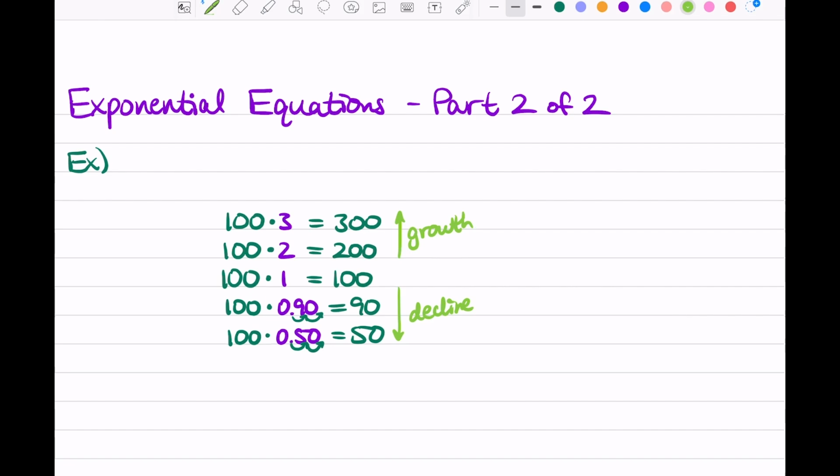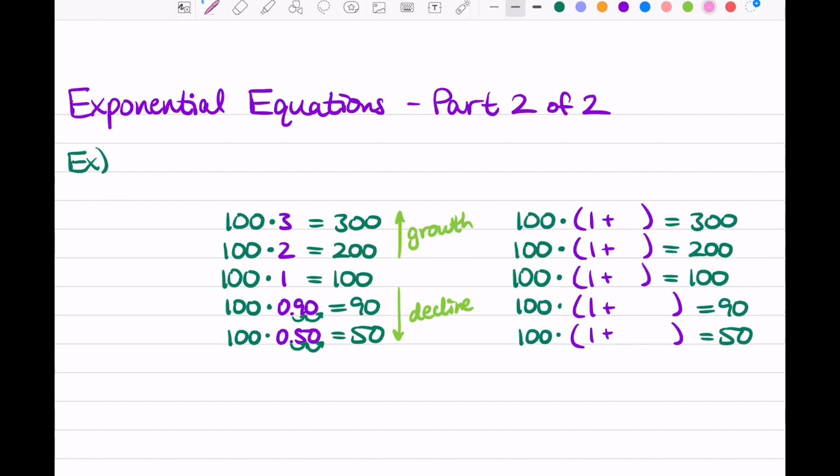Now let's write these numbers in purple a different way. So we're going to rewrite those purple numbers as 1 plus something. So if we start with our first line, 100 times 3 is the same as 100 times 1 plus 2, because 1 plus 2 gives us 3. So we're just rewriting this in a different format.